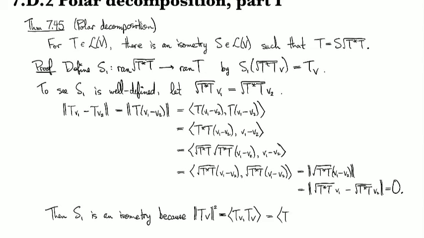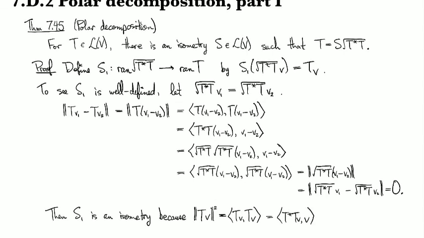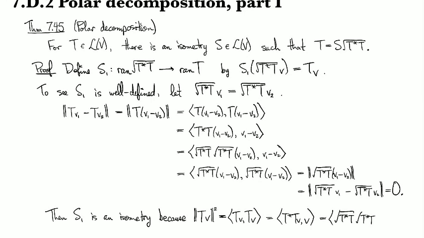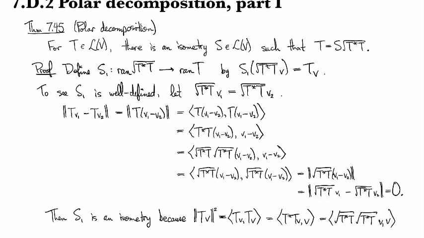And so then we've got T star TV, V, and we can split again. This is basically the same kind of calculation that we just did.